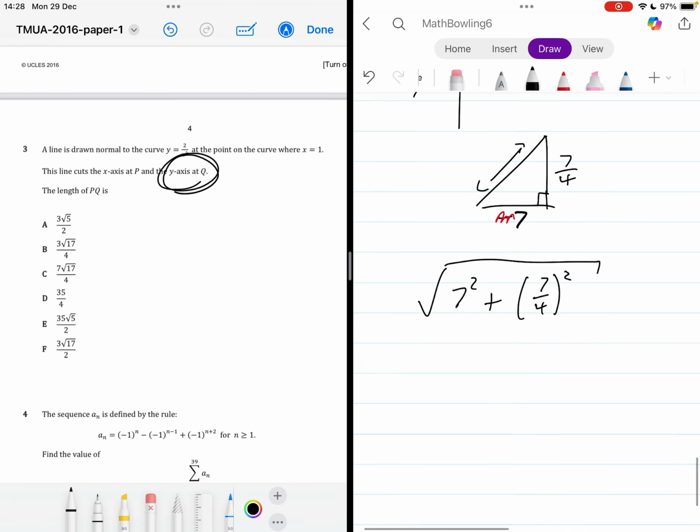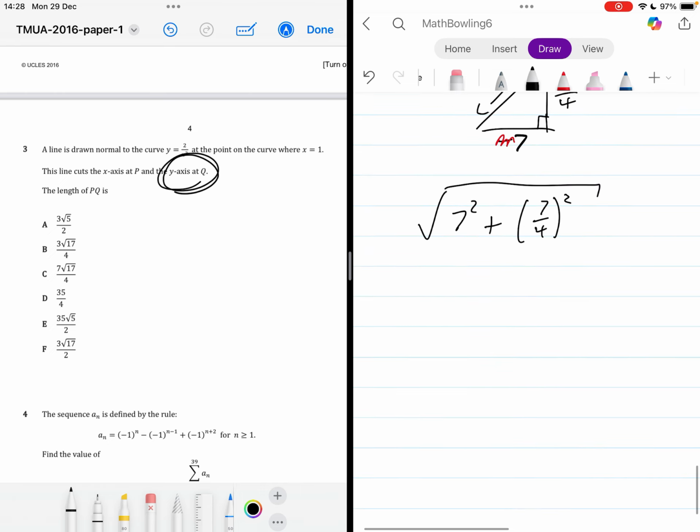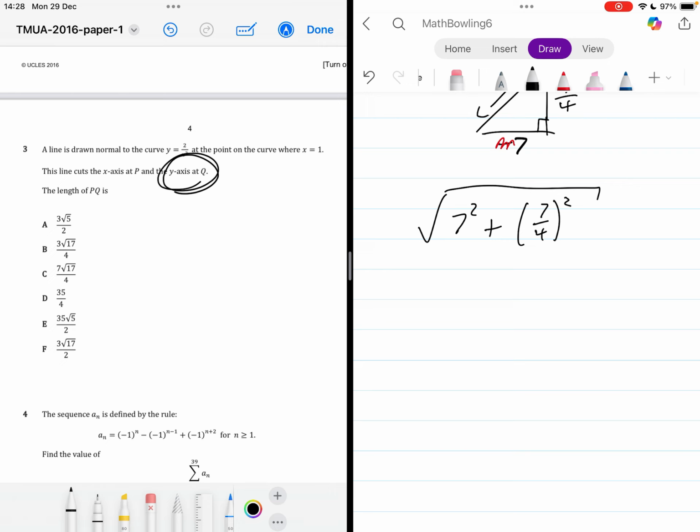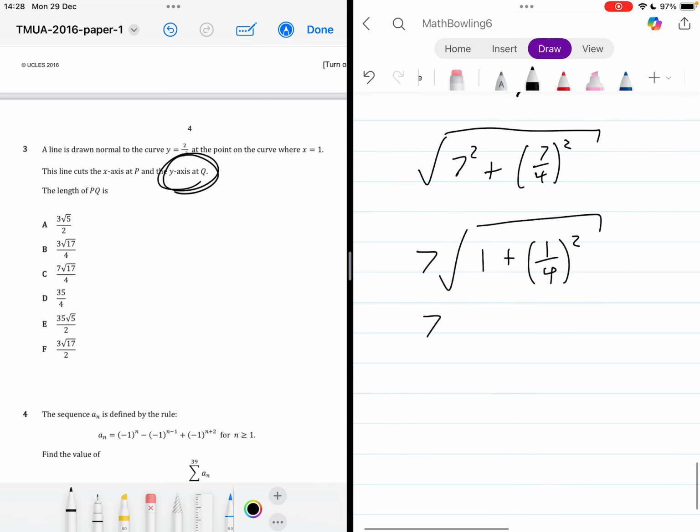This might look a bit annoying, but what we can do is factor 7 out of this. So 7 root of 1 plus 1/4 squared. So 7 root 17. I'll show my working for that.